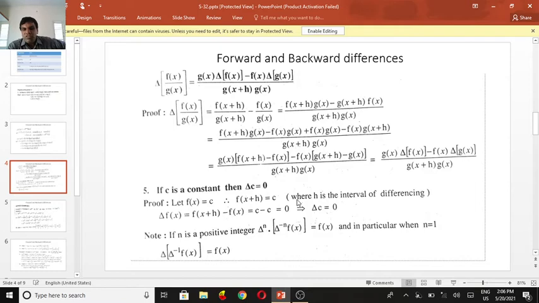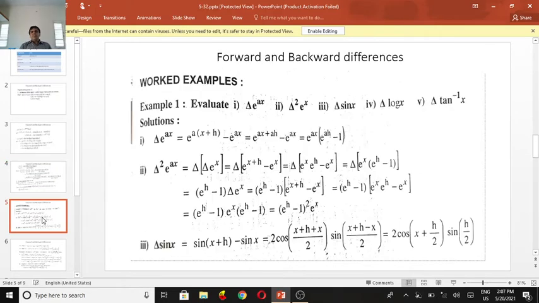In particular, if n is 1, Δ^(−1) of Δf(x) is f(x). So Δ^n Δ^(−n) f(x) is f(x).